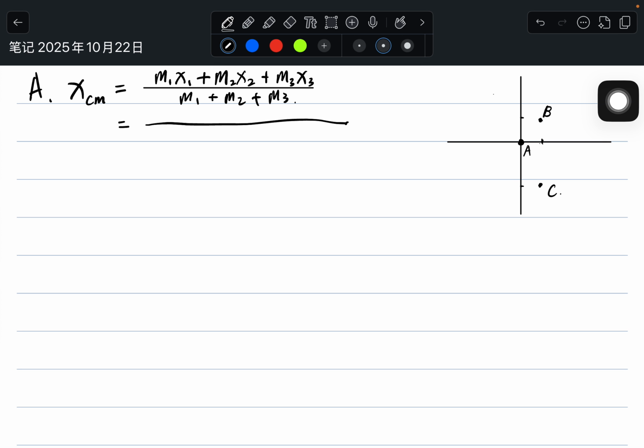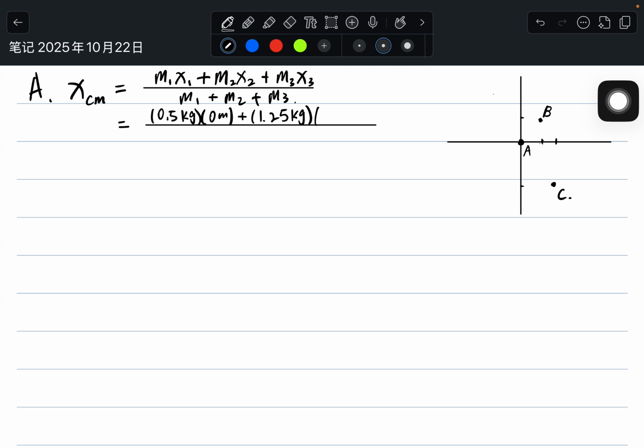Then we plug in the numbers. We have 0.5 kilogram times 0 meters, plus 1.25 kilograms times 0.15 meters. So I just realized I drew the wrong diagram.